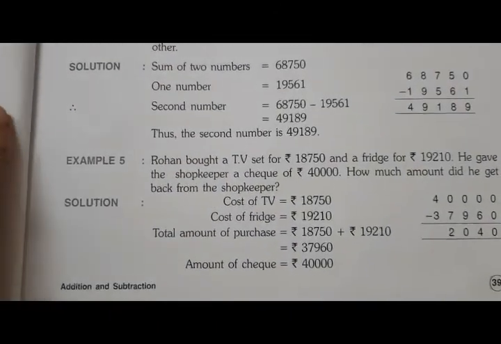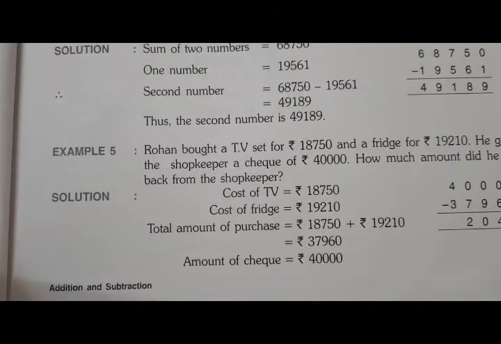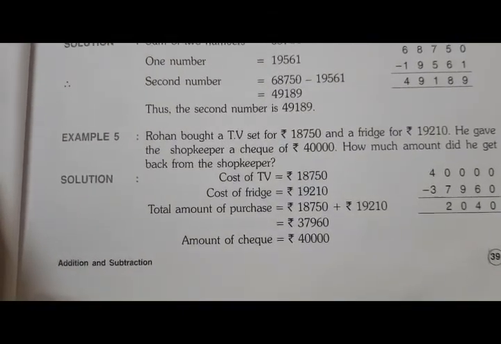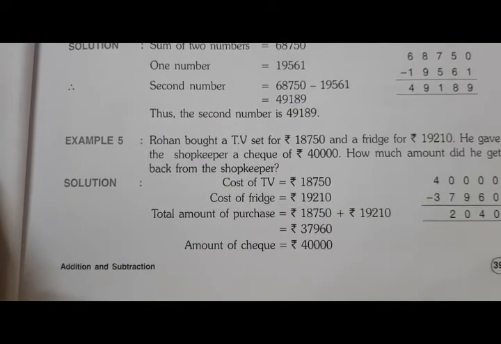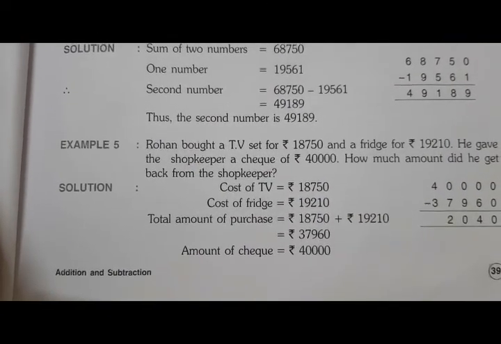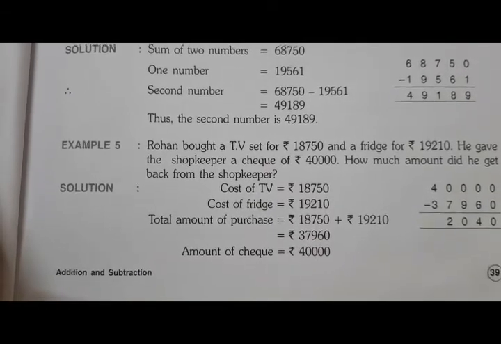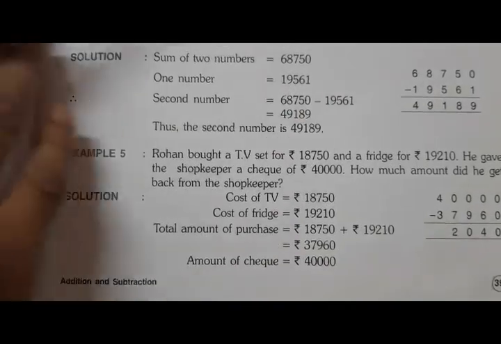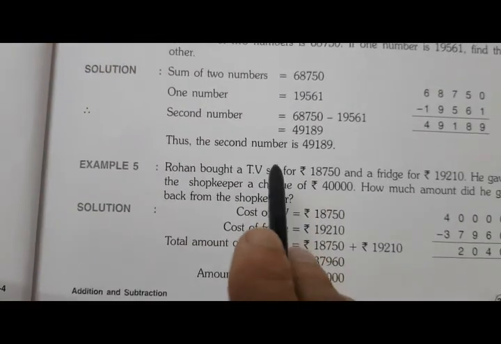Come to one more word problem. Rohan bought a TV set for rupees 18,750 and a fridge for rupees 19,210. He gave the shopkeeper a check of rupees 40,000. How much amount did he get back from the shopkeeper? So, in total, how much did Rohan buy?